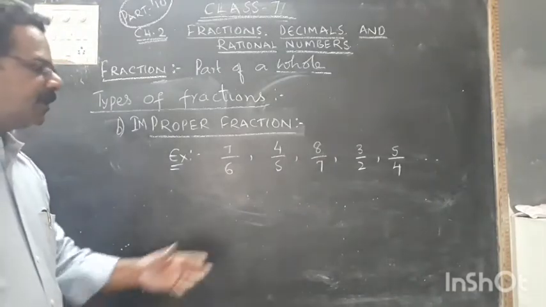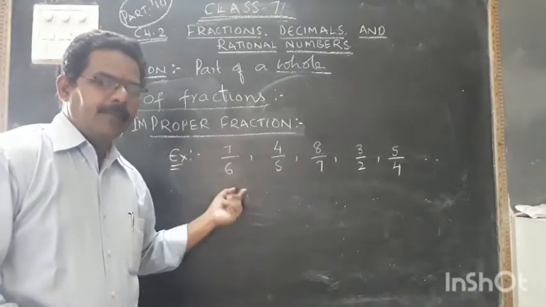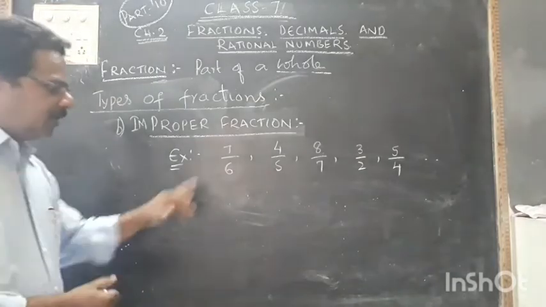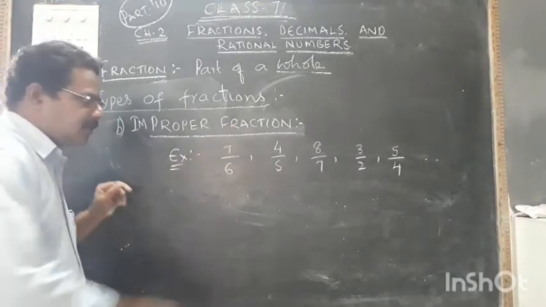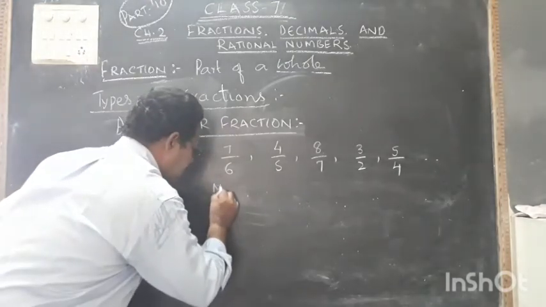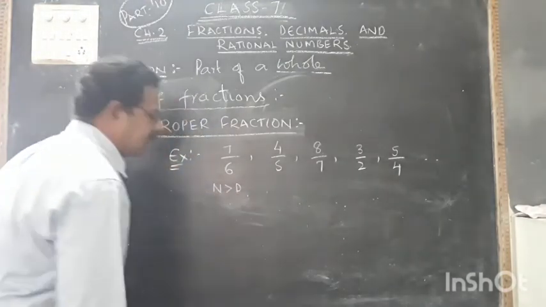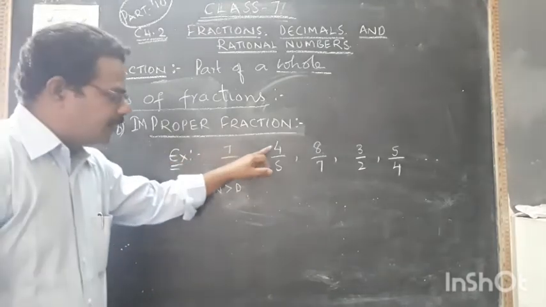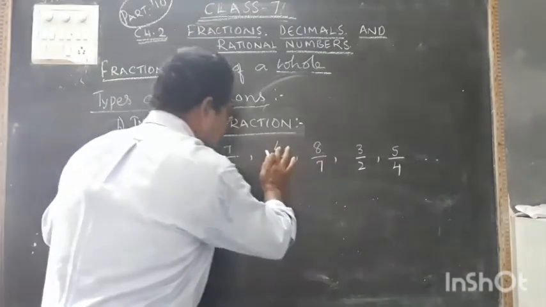Please observe the difference between proper and improper fraction. Here, if you compare the numbers, this is the numerator and this is the denominator. So numerator is greater than denominator. Here also numerator is greater than denominator.